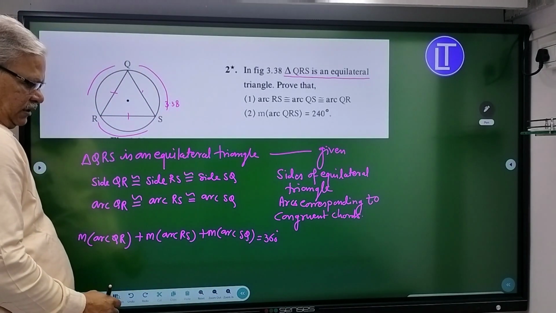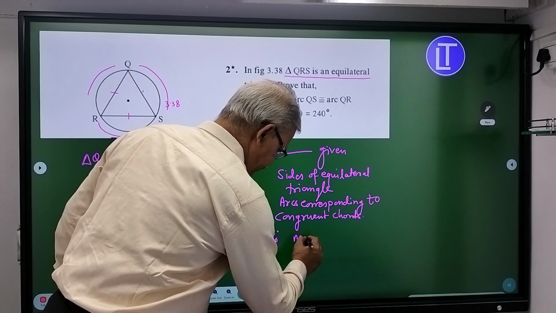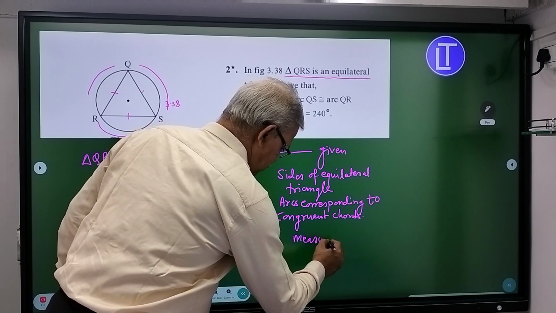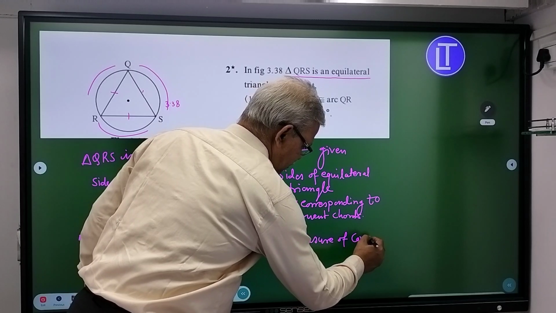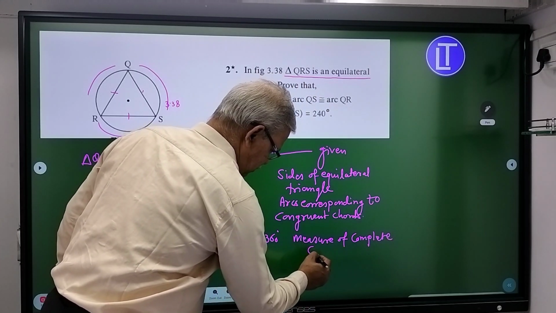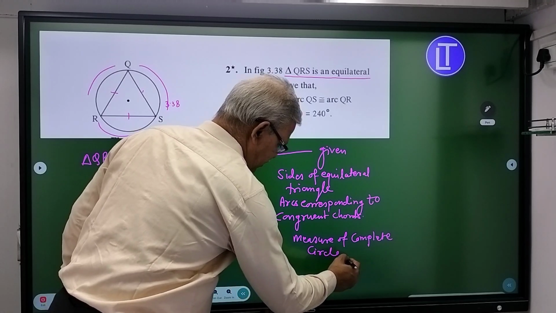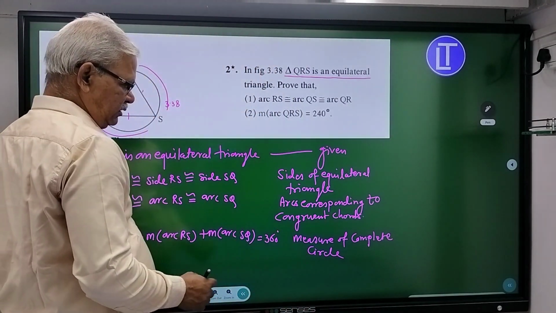Why is it 360? Measure of the complete circle. Measure of the complete circle is equal to how much? 360.